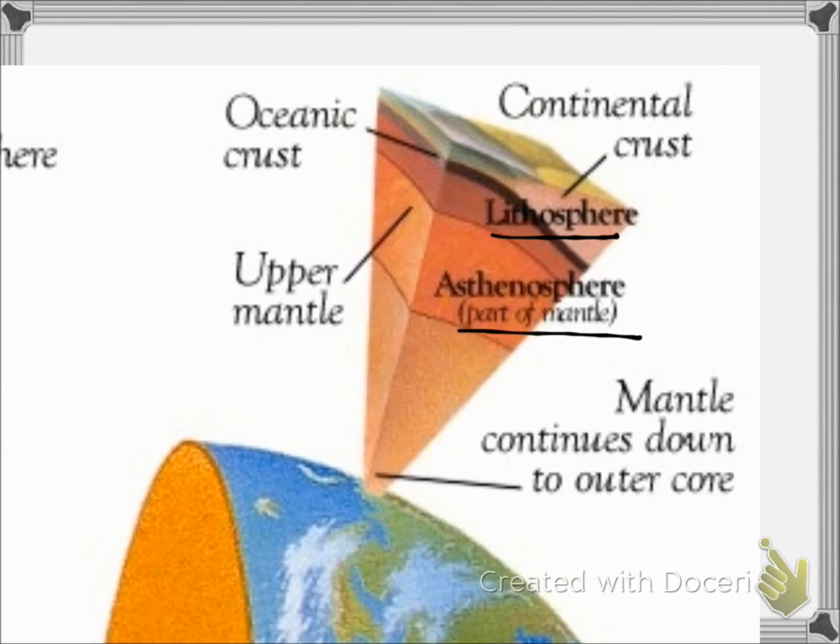The lithosphere is composed of part of the crust and mantle, and the asthenosphere is all just part of the mantle. The lithosphere is thicker and harder than the asthenosphere, and the asthenosphere is less rigid, and this is where the majority of your convection currents are going to flow.